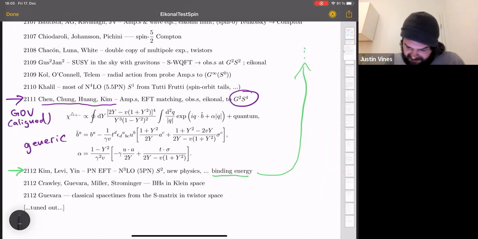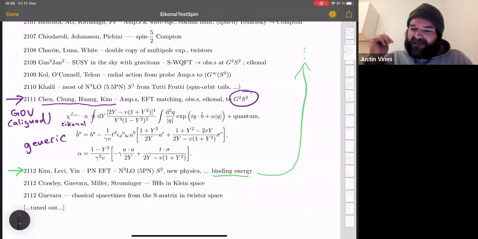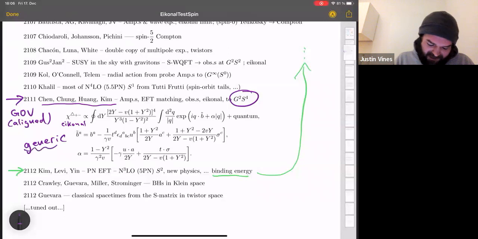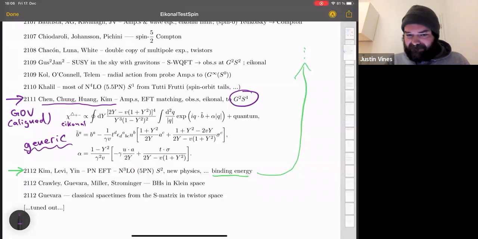And so you're not going to find this formula, let me say this is the eikonal, in their paper, but this is like the GOV formula, or the GOV2 formula, but picking up some extra pieces that we missed, let's say, to get it correct for generic spins.